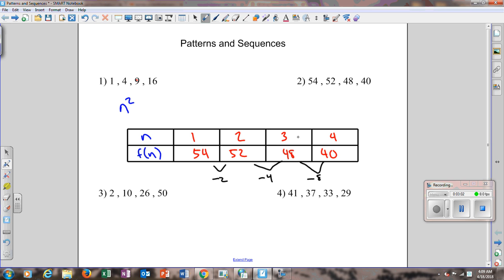Now if it asks us to name the next 3 numbers in the sequence, we could say, well, it went down 2, 4, 8. Now it's going to go down 16. Then it's going to go down 32. And it's going to go down 64. That's not really going to help us with getting a function.